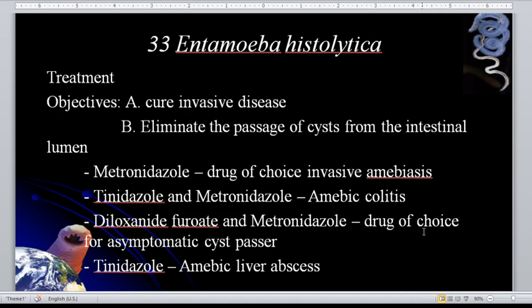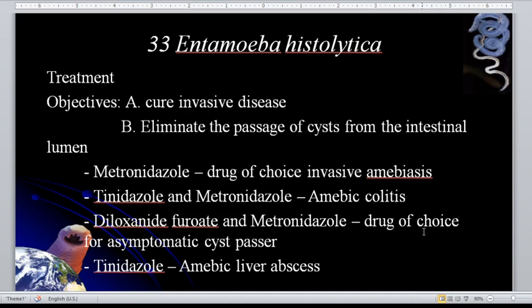Take note that elimination of the passage of cysts from the intestinal lumen is very important so that the passage of parasite in the stool is avoided, so that the person will not act as the source of infection to other individuals.